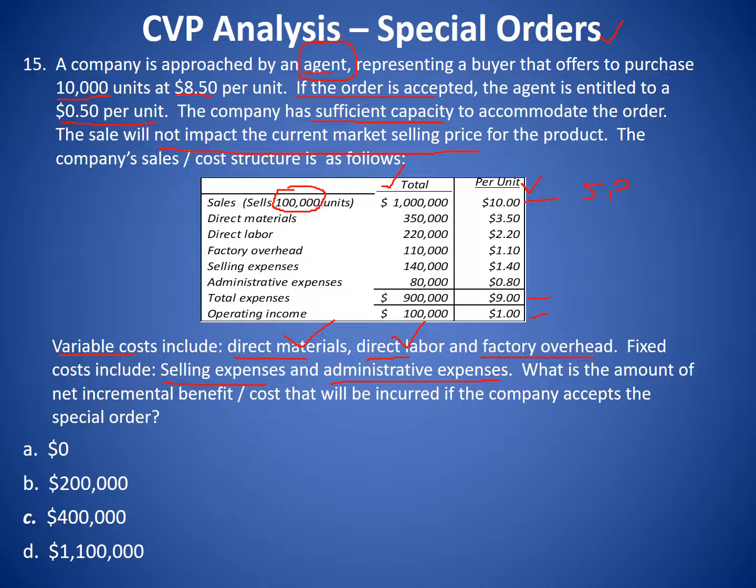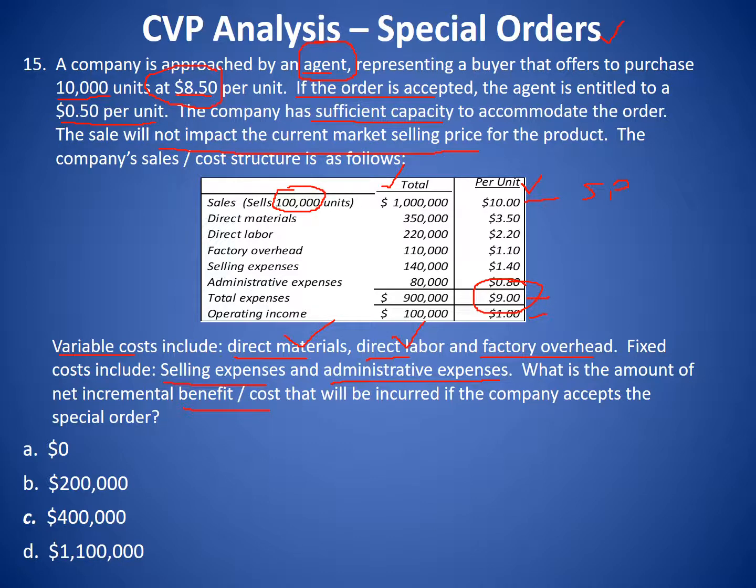Now, what is the amount of the net incremental benefit or cost that will be incurred if the company accepts this special order? So we're given a little bit more background. If we take a look, according to our cost schedule here, it costs $9 to produce an order at a volume of 100,000 units. Yet the agent buyer is only offering $8.50 per unit selling price.